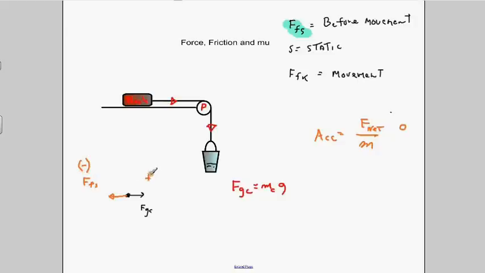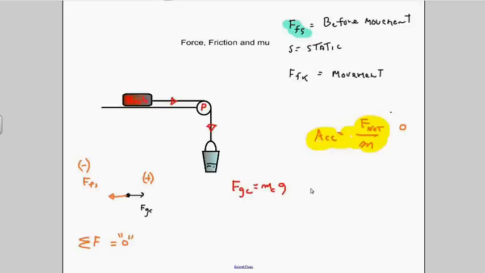We have a plus force and a minus force, and right now they're equal, so they are equal to 0. The sum, remember the symbol? The sum of the forces: the force of friction static plus the force of gravity of the cup are equal to zero. Therefore, it can't move. I can't say this enough. You must understand what this means, that if there is no net force, there is no acceleration.